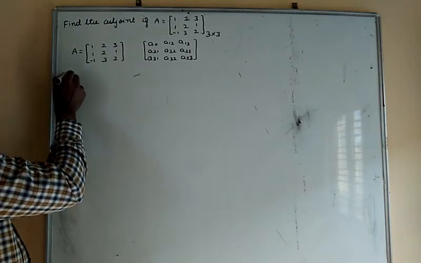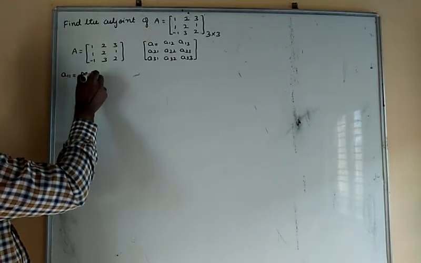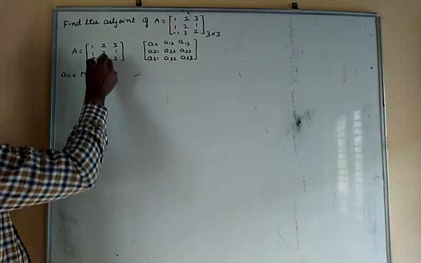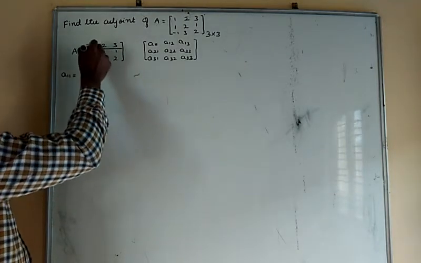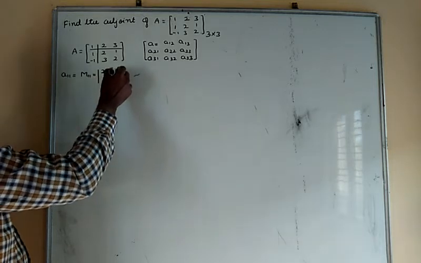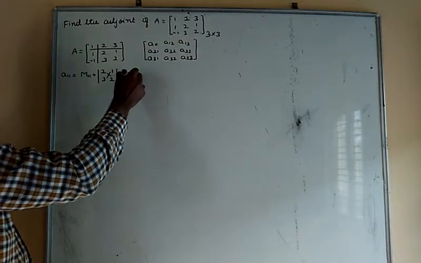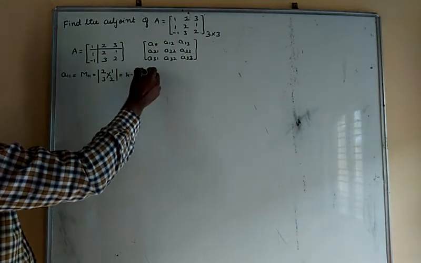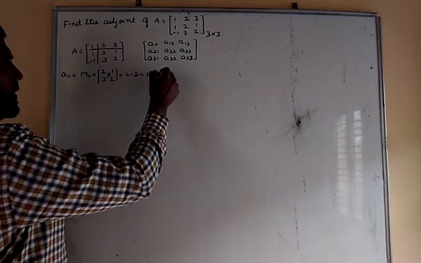The minor of the element A11 is M11. M11 means we have to leave the first row and the first column, leaving 2 1, 3 2. Then the value is 4 minus 3, which equals 1. Now we have to find the cofactors.